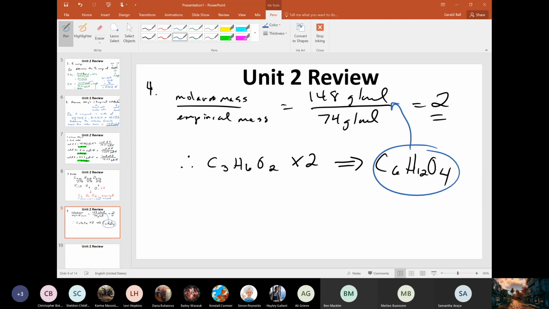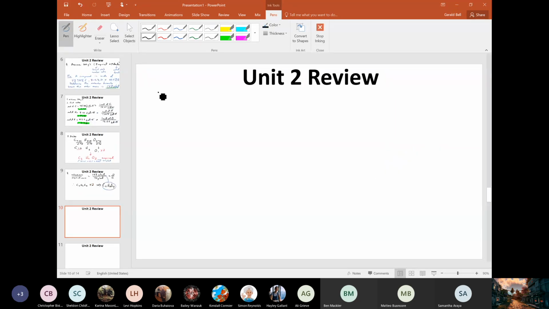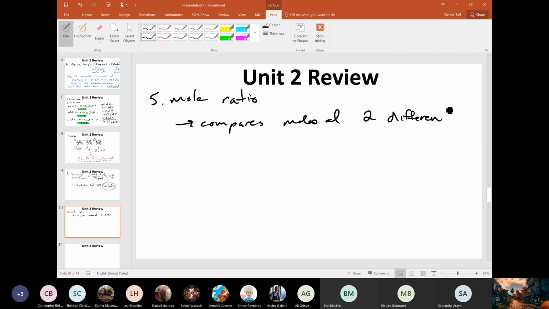Also happens to be section 5, which is the mole ratio. Mole ratio compares moles of 2 different substances. It comes from a balanced equation.